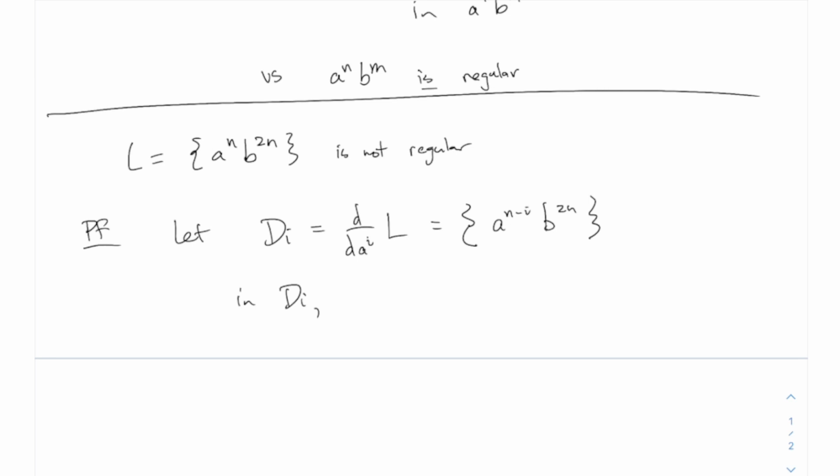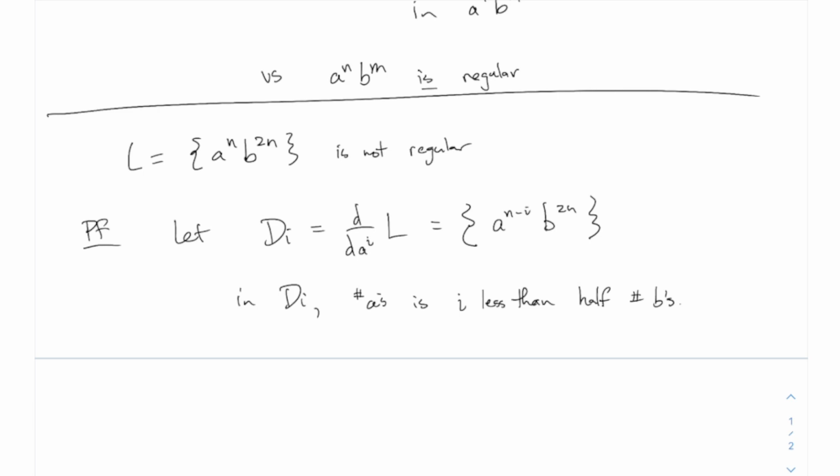Yeah, so he said something about half of the B's. That's how I would say this. That's basically what I said on paper: in d_i, the number of A's is i less than half the number of B's.